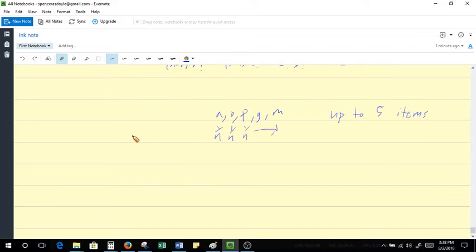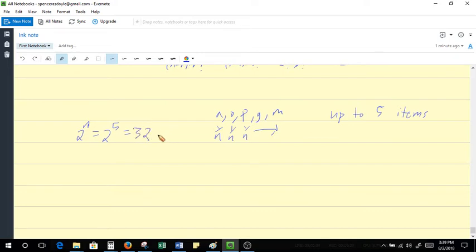In that case, our answer then would be 2 to the n, right? 2 being the yes or no, and n being how many ingredients we can use, and we can use up to 5. So if we have 5 ingredients, that would mean we can get 2 to the 5th, which is 32.